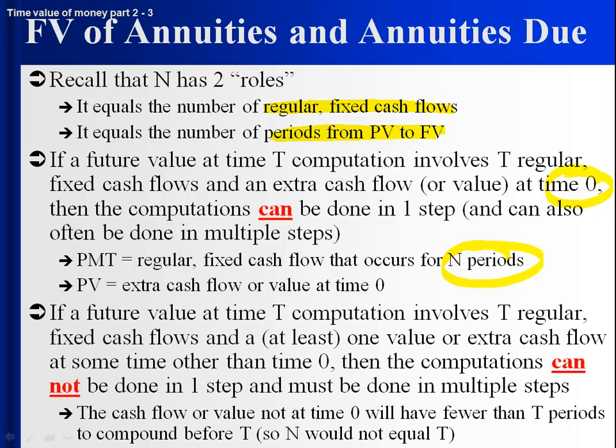If we have some extra cash flow, but it's not at time zero, you can't do it in one step. So we may have an annuity or annuity due where we have T regular fixed cash flows and some extra additional contribution, but it's not at time T, then we have to do it in multiple steps.